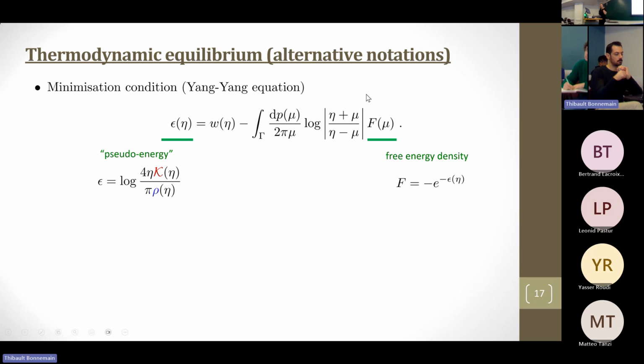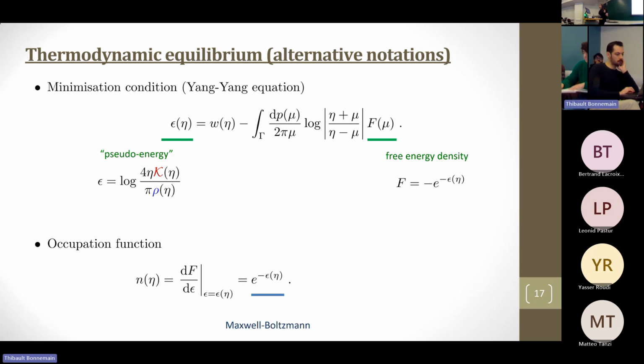And if you're also dealing with a system which is not integrable, then the Gibbs weight simplifies and just becomes eta E. So the pseudo energy is a generalization of this quantity eta E, but to integrable systems with interactions. And to make this clear, I can also define the occupation function by differentiating the free energy density with respect to the pseudo energy.